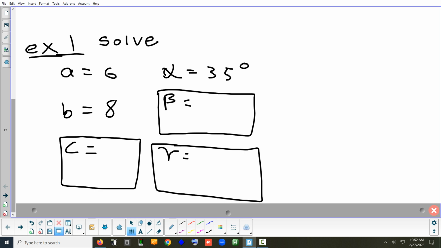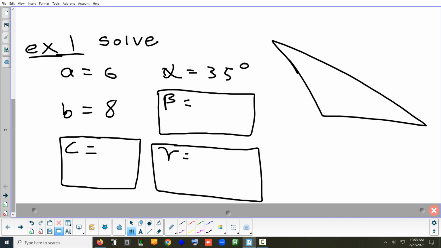Okay, so first thing we want to do is figure out if this is a problem we use law of sines for. Now, one way to do it is make your sketch. If I put A on the bottom, where does alpha have to go? It's got to go across, right? So that means it's up here. And if I put B over here, where is beta?